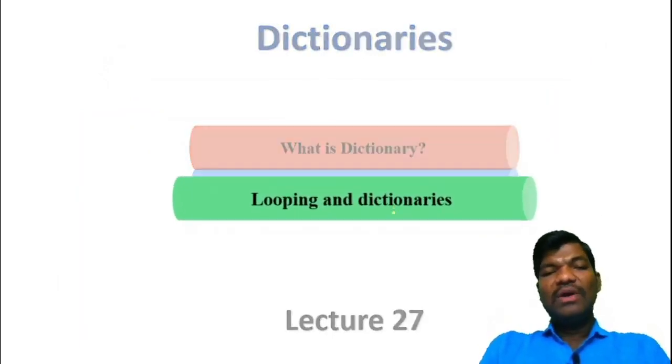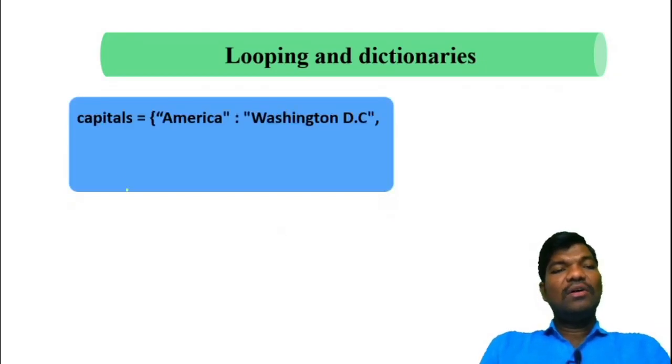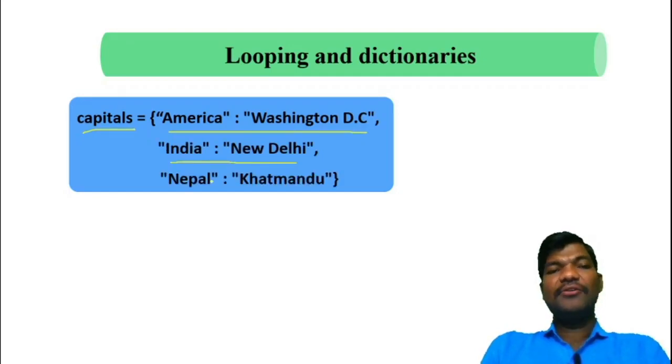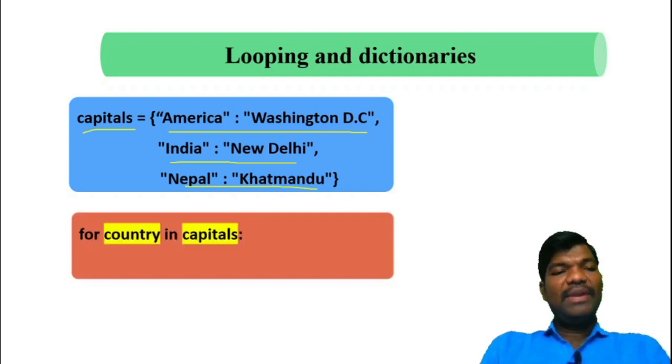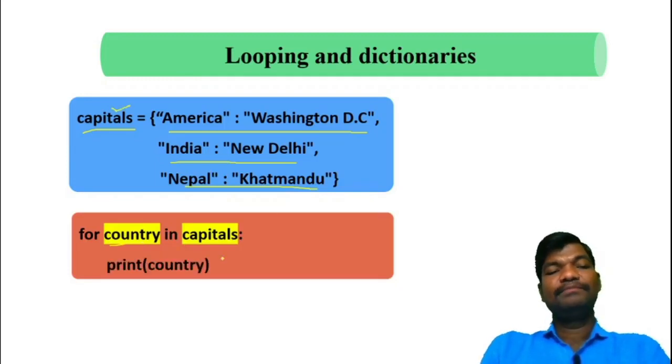So that is the concept of dictionary as a collection of counters. Now coming to the third one, looping and dictionaries. So consider the same example, capitals: America, Washington DC; India, New Delhi; Nepal, Kathmandu. I'm applying a for loop: for country in capitals, this is a variable, print country.